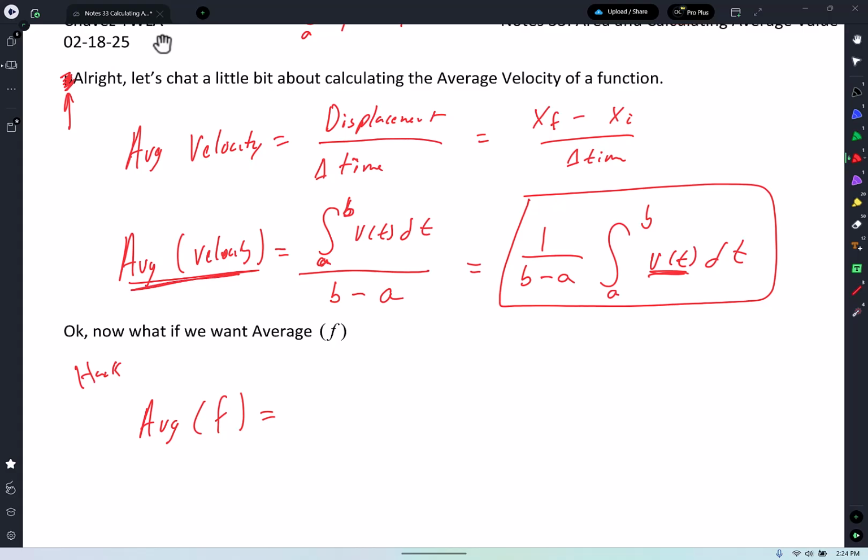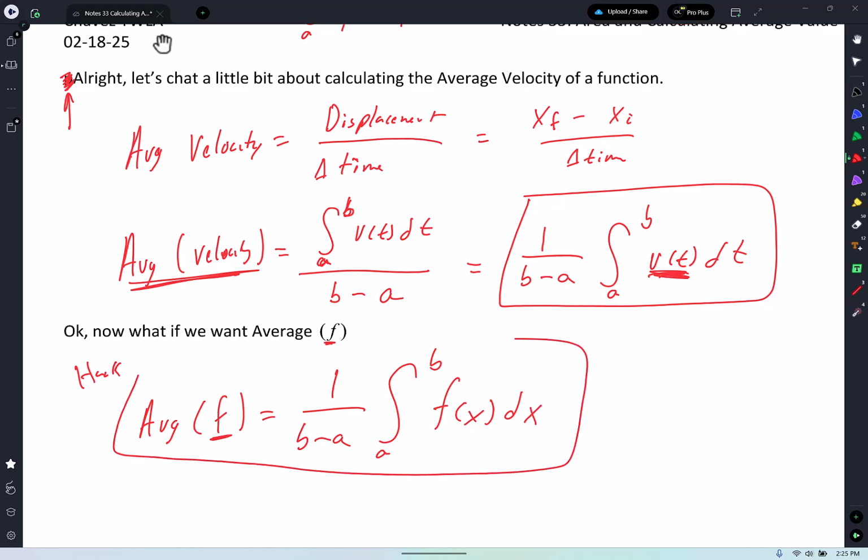So what's my formula if I want to know the average of f? 1 over b minus a, integral from a to b of f(t), or f(x). Remember, it's just a dummy variable. It doesn't matter. Yay, there it is, guys. This is a formula we're going to use all the time for average.